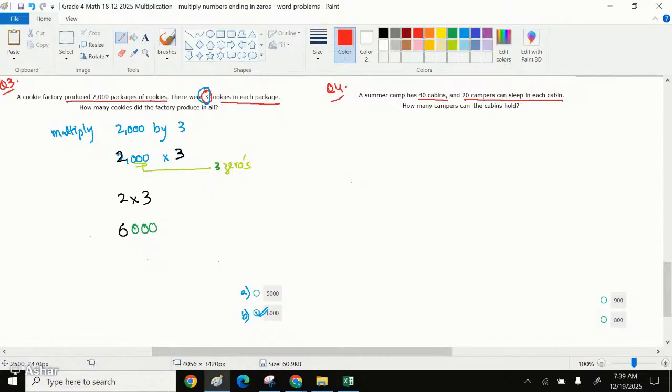If there are 2 cabins, then 2 multiplied by 20 is 40. But here they are saying they have 40 cabins. So option A or option B? Let's look at the answer. Can anyone give me an answer?